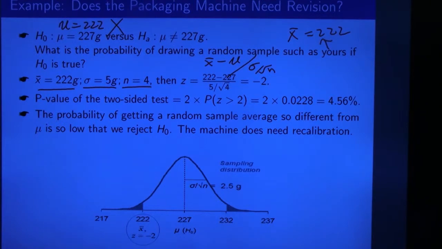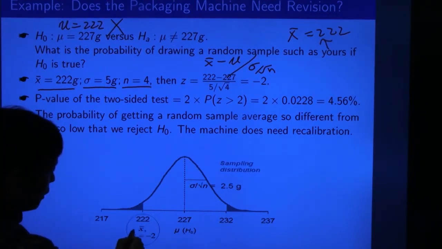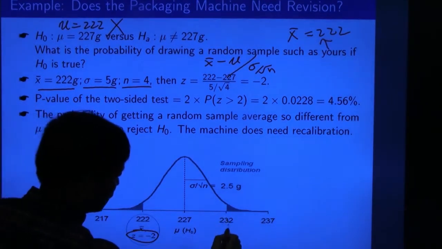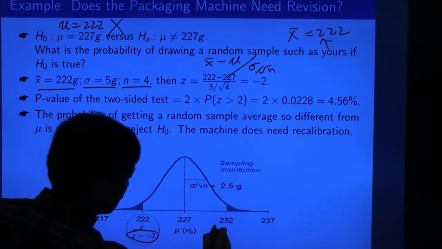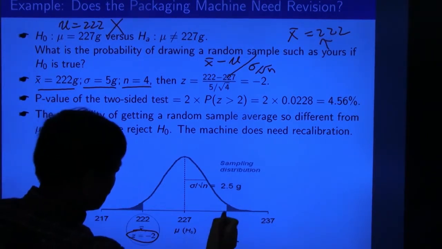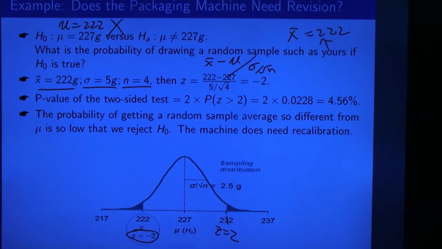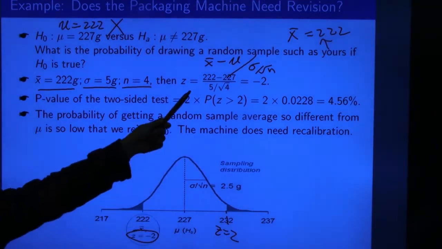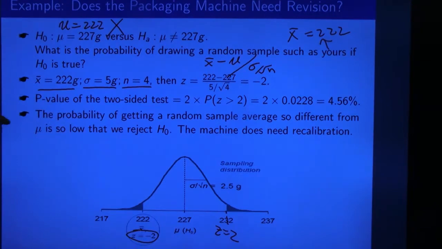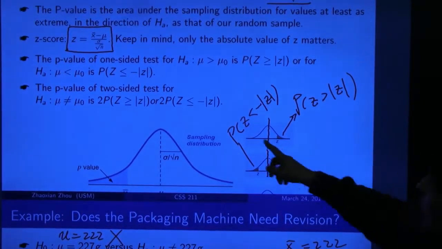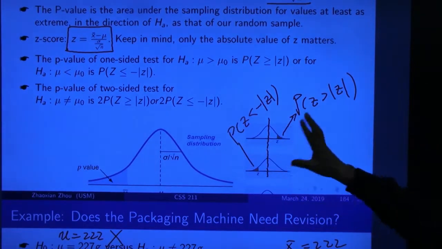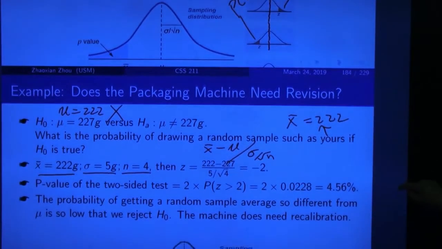-2 means here is -2, and then this one here will be equal to 2. So z here equals 2. This one equals -2. And they are symmetric. Some textbooks may say this score is always positive. That means it's here, right? But we use the absolute value sign to guarantee this one is always positive.